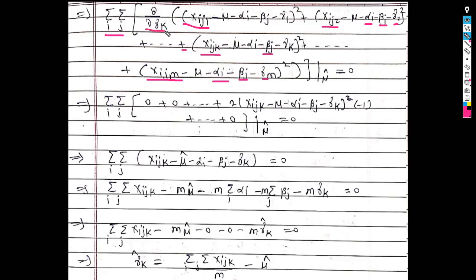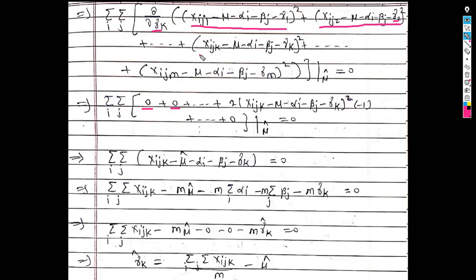Now take this derivative inside the bracket. The derivative of this term is nothing but 0, because here we differentiate with respect to gamma k, and here we have gamma 1. Similarly, the derivative of this term is also 0, because here we have gamma 2 and we differentiate this whole bracket with respect to gamma k, plus up to.